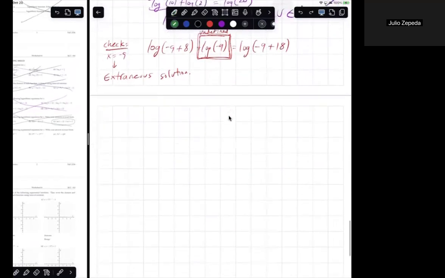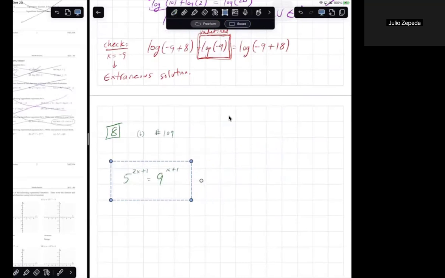So this is problem number 8 now that we're talking about, and we're going to talk about something like part B, by solving problem number 109 in the textbook, which is 5 to the 2x plus 1 equals 9 to the x plus 1. All right.